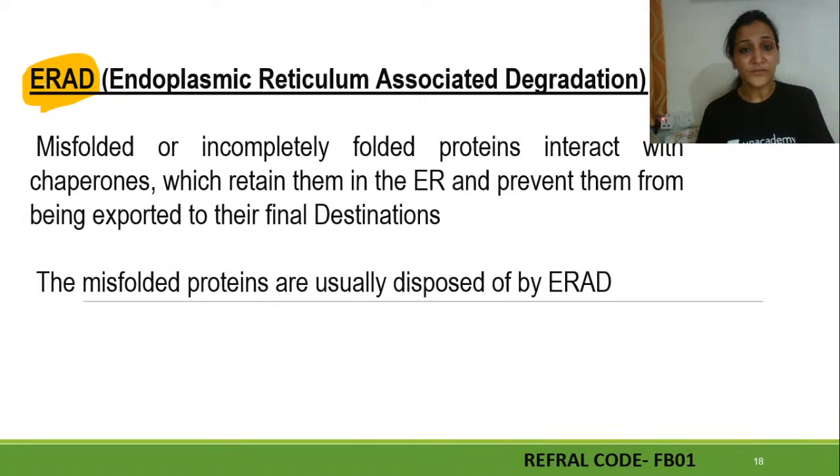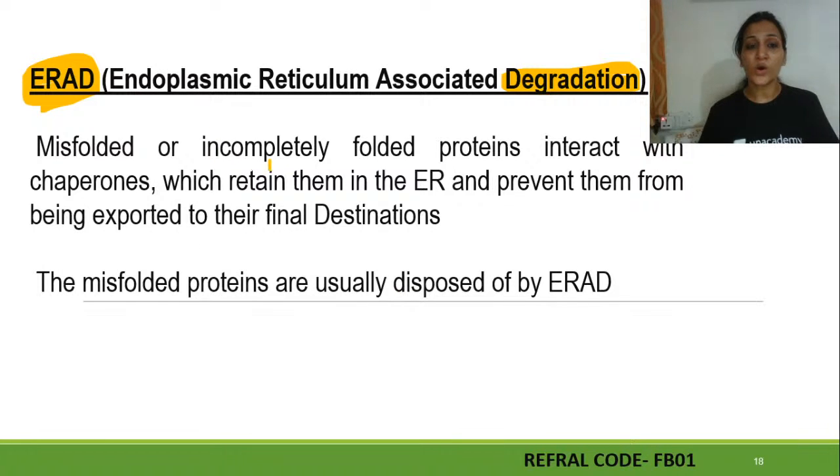So the endoplasmic reticulum will further take the charge, and in what manner? It will start degrading these misfolded proteins. So it is also called ERAD, endoplasmic reticulum associated degradation.